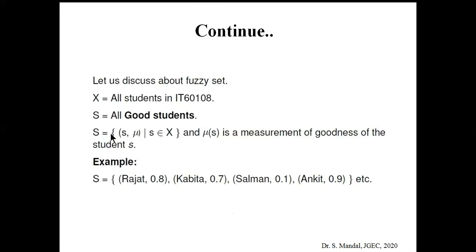So the S set, or S fuzzy set, can be given by an ordered pair, which is given by S, element of good student, and there is another variable which I already mentioned, that is known as the membership function, that denotes the membership of goodness or the amount of truthness, you can call it. Like a student may be very good.